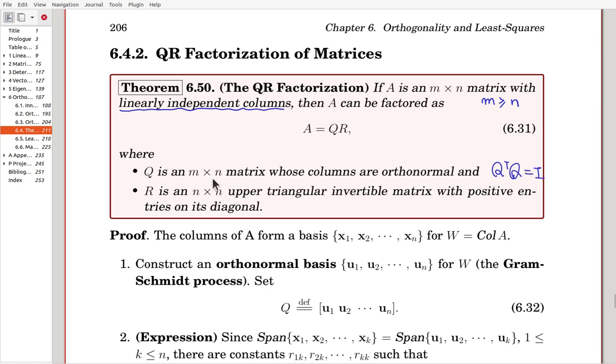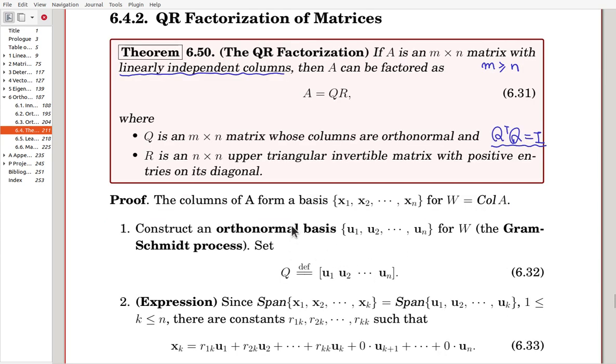If m is larger than n, then it's not a square matrix, so it's not an orthogonal matrix, but it has this property. And R is an n by n square matrix that is upper triangular, and the diagonals will be positive. So it is an invertible matrix. And this can be proved quite easily.